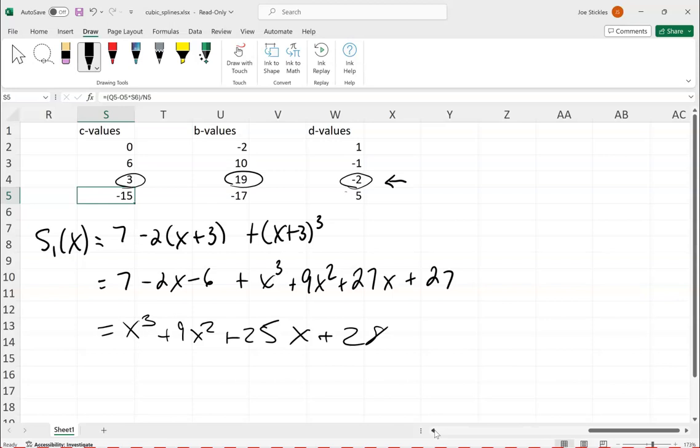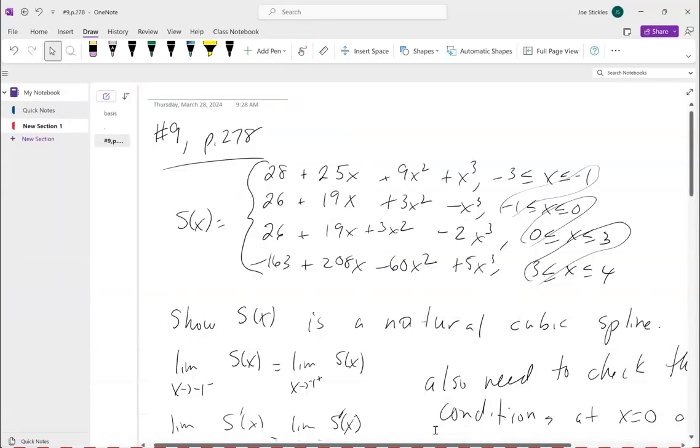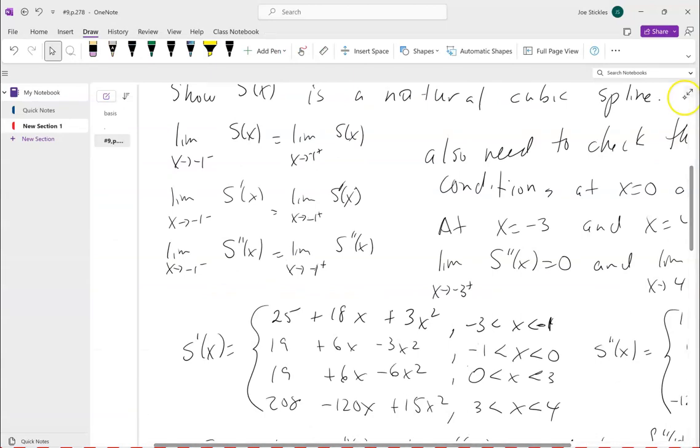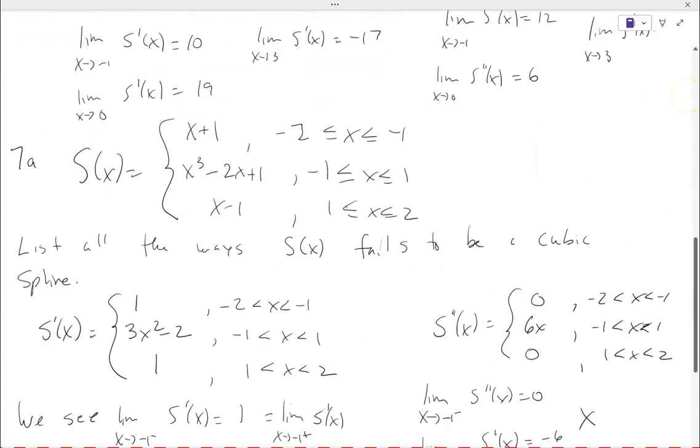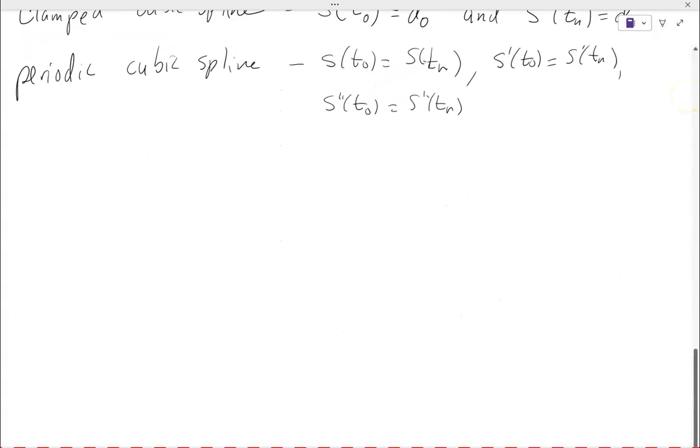So let's think about what kind of things we would need. The whole point of being able to do this is we need to figure out what the C values are, correct? The way we are coming up with our splines, we're writing everything down in terms of powers of x minus whatever the left endpoint is of the subinterval that we're on, correct?